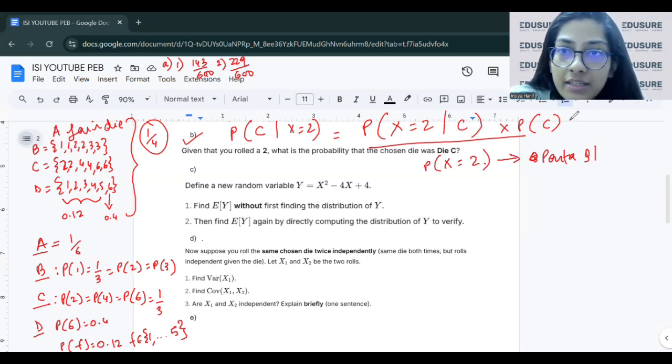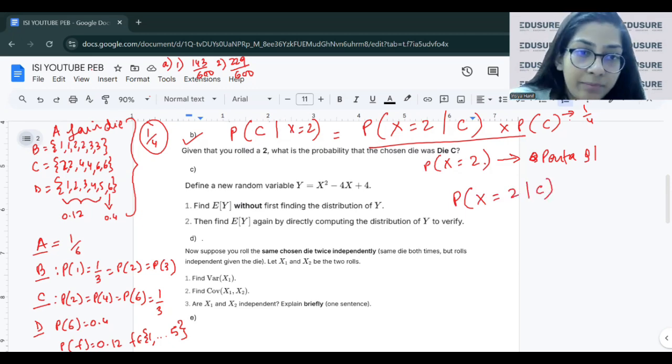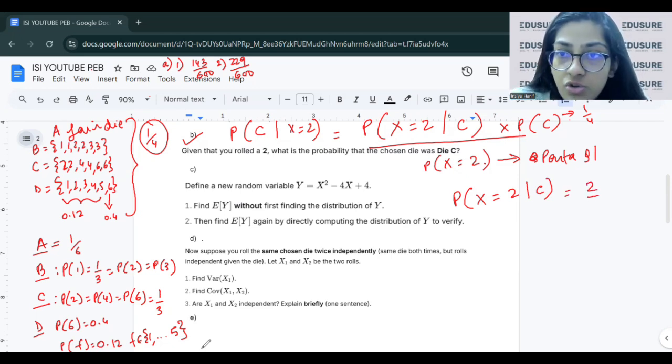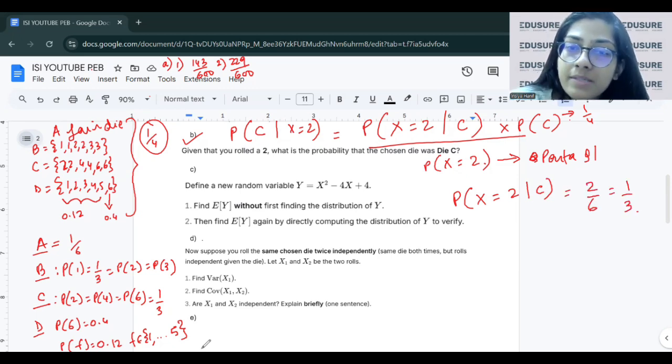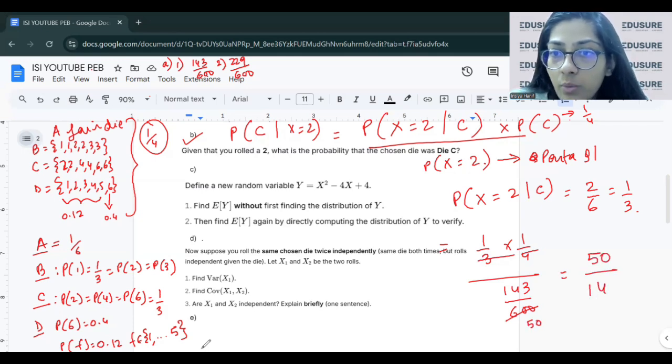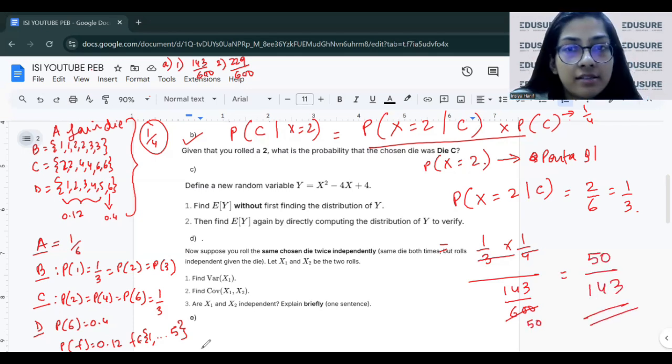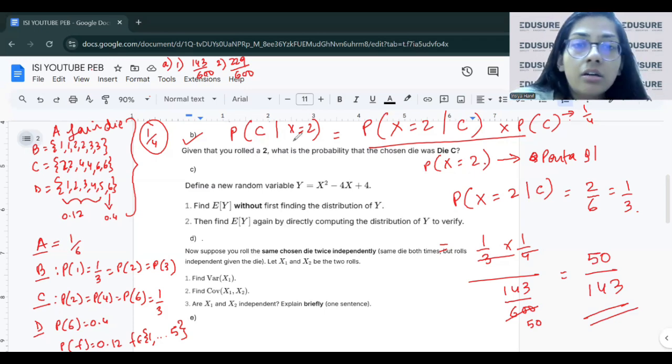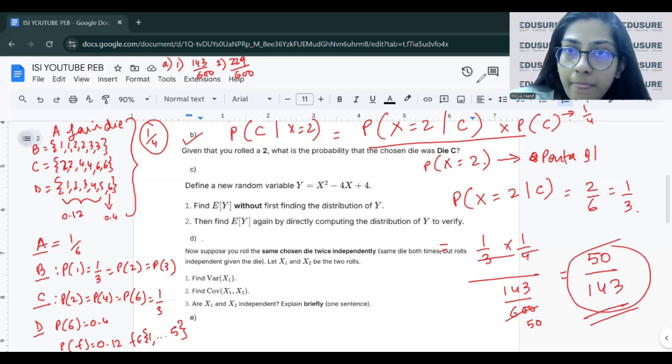So probability of c हमें पता है this is going to be 1/4, ठीक है? तो अब जस्ट ये वाला कैलकुलेट करते हैं, what is probability of x is equal to 2 given c, ठीक है? तो ये क्या होगा c में क्या था 2 4 6, राइट? 2 2 4 4 6 6, so this is going to be 2/6 which is going to be 1/3, राइट? तो अब हमें बस इस पे वैल्यूज डालने हैं, तो इसमें वैल्यू क्या आएगा 1/3 इंटू 1/4 बाई 143/600, ठीक है? तो ये हुआ 50/143। ये आपका आंसर है टू पार्ट बी। दिस इज द प्रोबेबिलिटी दैट given that x is equal to 2 the chosen die was die C. This is the probability, ठीक है?